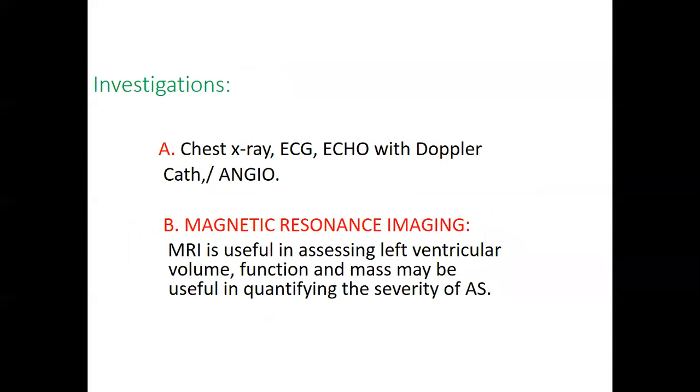When you go for the investigations, the earliest investigations you perform are the chest X-ray and the ECG, and definitely the echocardiography will tell us the details of the aortic stenosis and the aortic valve anatomy, and you can categorize the patient as having severe, moderate, or mild aortic stenosis.